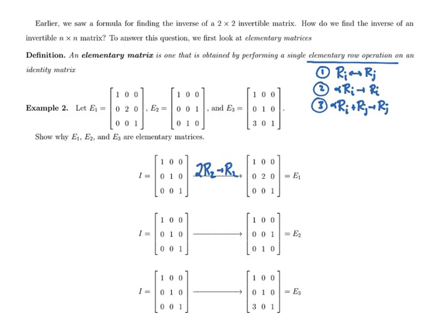The second matrix is where we have swapped row 2 and row 3. And for the third matrix, we have taken 3 times row 1 plus row 3, and that became our new row 3.